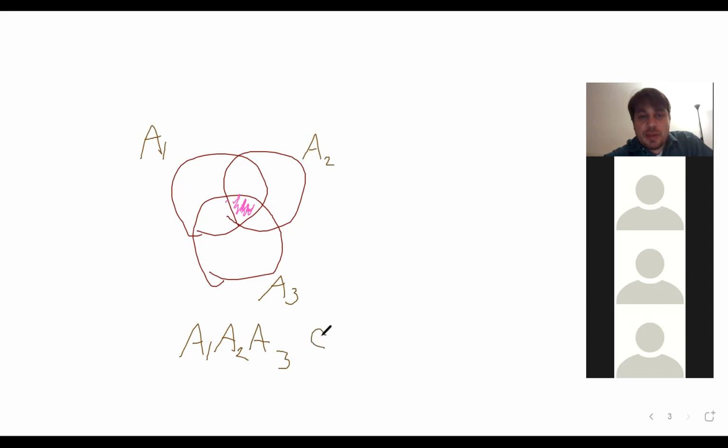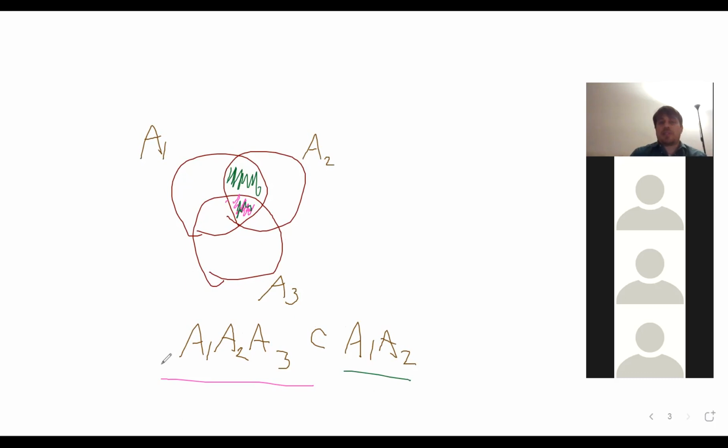That pink region is a subset of, let's say, the intersection of A1 and A2, right? But then if you have, let's say, green, the intersection of A1 and A2, the pink region is a subset of the green region, right? So A1, A2, A3 is a subset of A1, A2. And so the probability of the pink region is positive. That means the probability of the green region is at least the probability of the pink one, which means the probability of the green event is also positive.